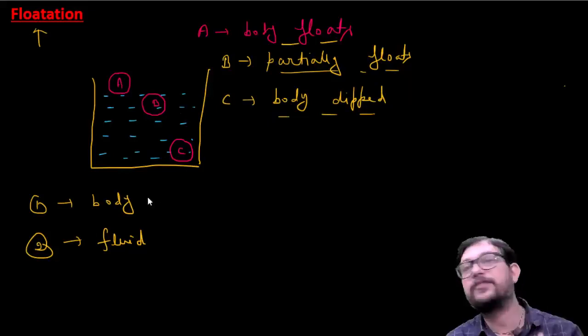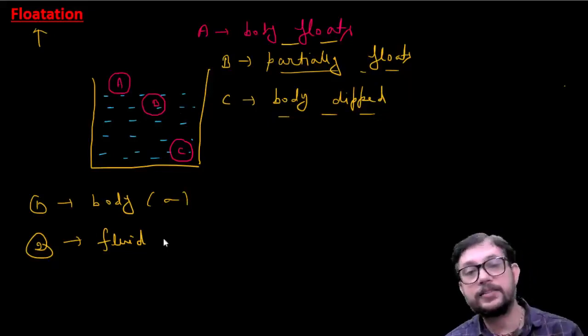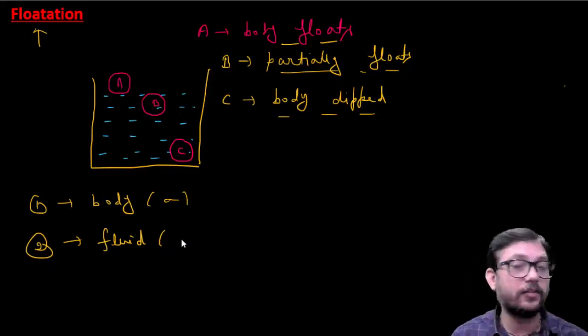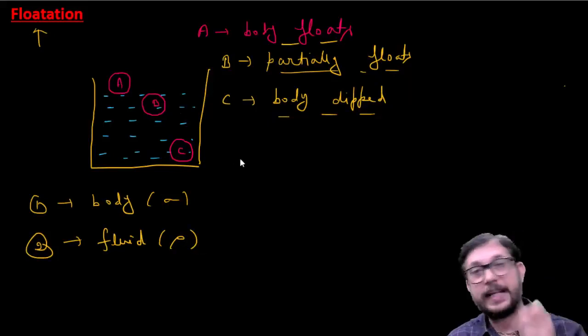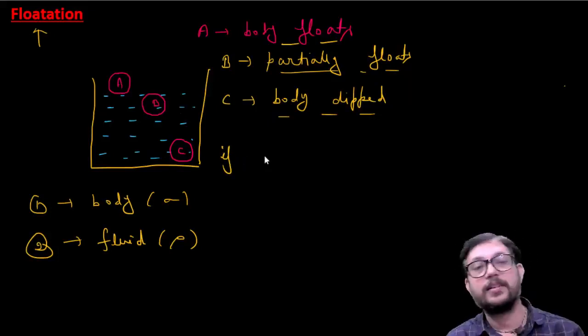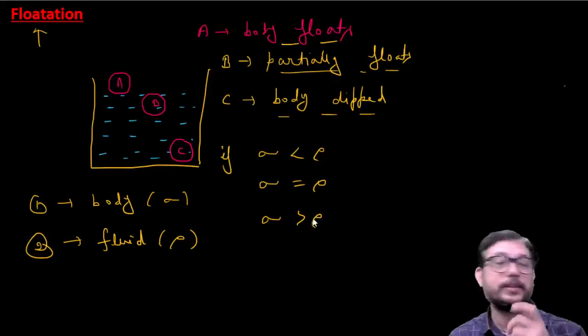Let the density of the body be sigma, and the density of the fluid be rho. In this condition, if sigma is less than rho, what will happen? If sigma equals rho, what will happen? And if sigma is greater than rho, what will happen?